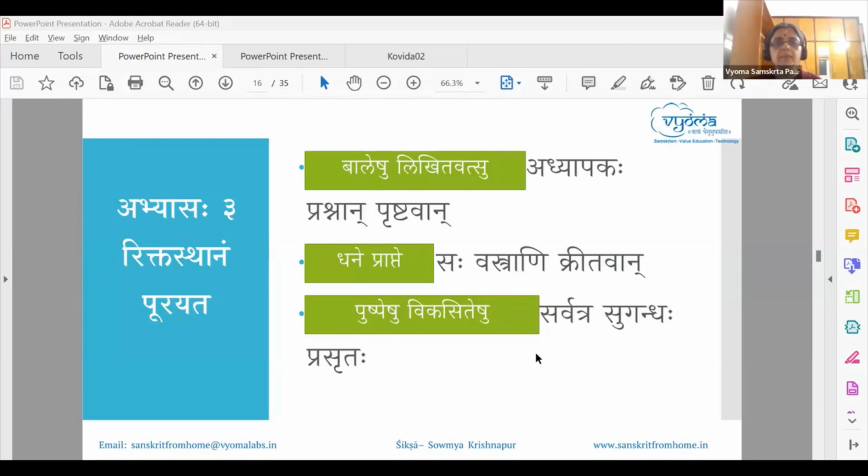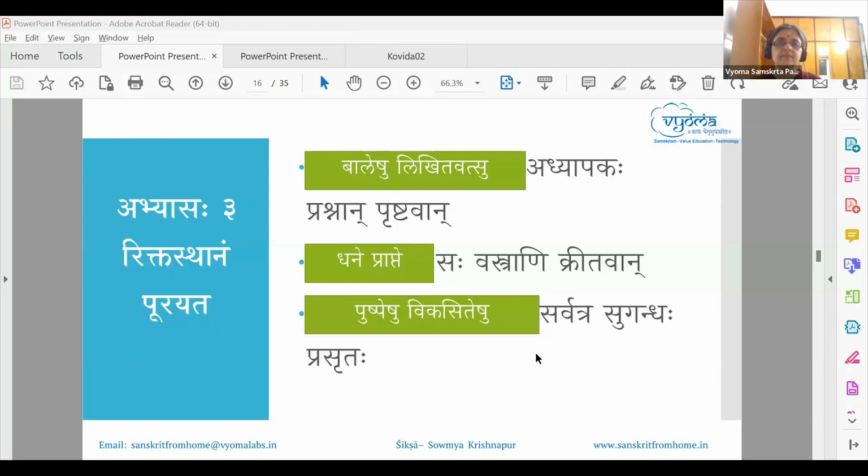Which action should come first? The teacher asked the question and then the children wrote? No, it's the other way around. Baleshu likhitavatsu. When the boys had written, the teacher asked the question.